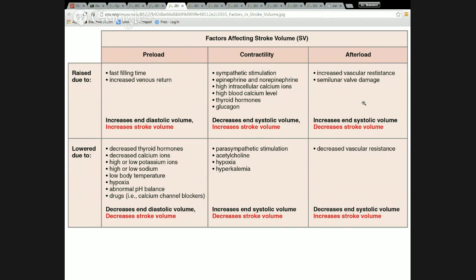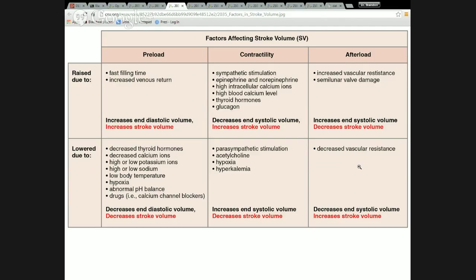With stroke volume, I'm mostly talking about the sympathetic system's ability to change things. I pointed out that the various things lower preload in the first column here. There are some other things that affect contractility and afterload there, but again, that's not really stuff that we have an ability to regulate so much.